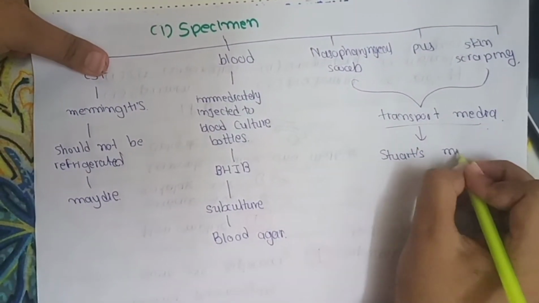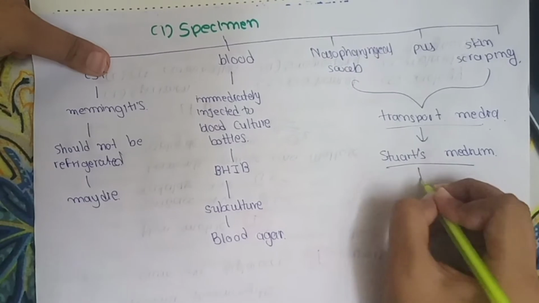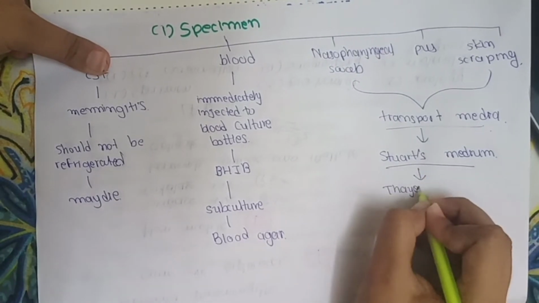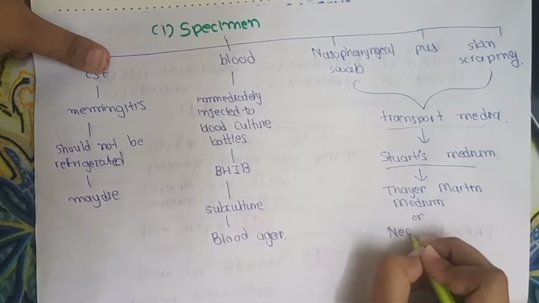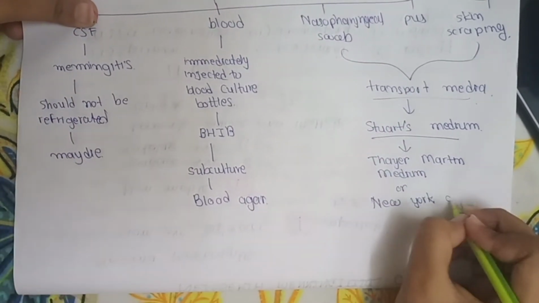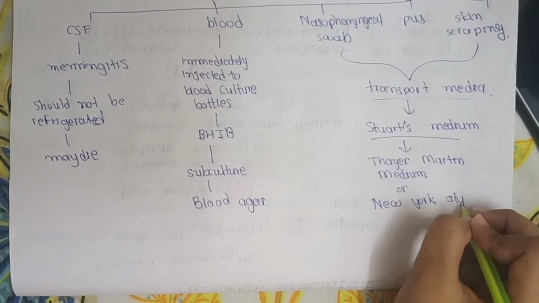And here for meningococcus, the transport media used is Stuart's medium, and then it is also inoculated in the Thayer-Martin medium or New York City medium. This is very important.